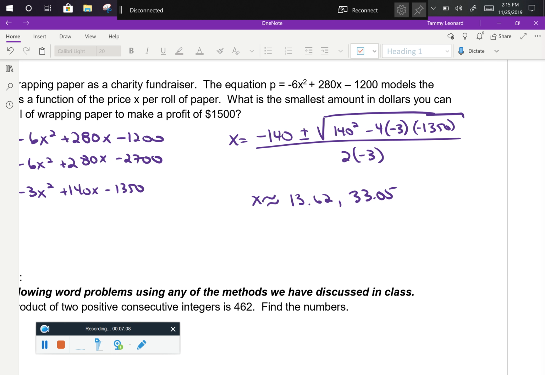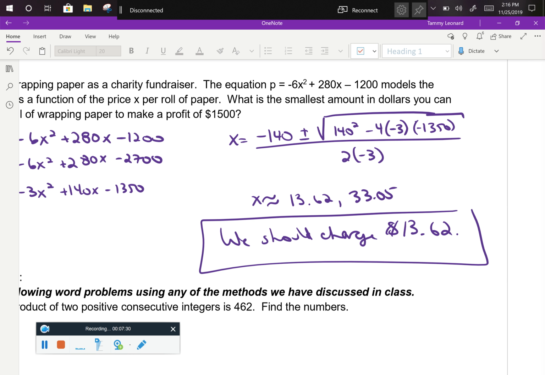It says, what is the smallest amount in dollars that I can charge and make my profit? So what's the smallest amount out of those two? Okay, so for the level that they want us to analyze this problem, we would say we should charge $13.62. Okay, that's the level of analysis that the problem is aimed at.